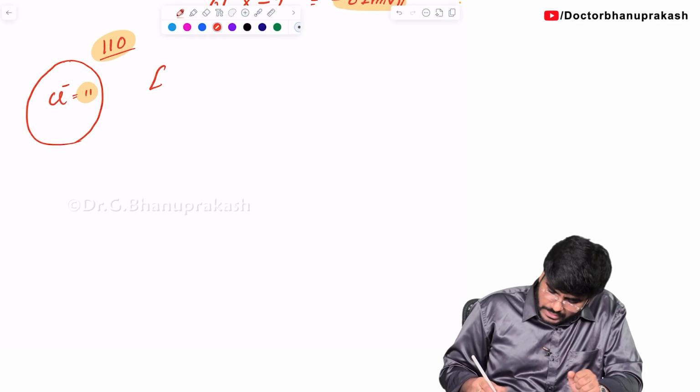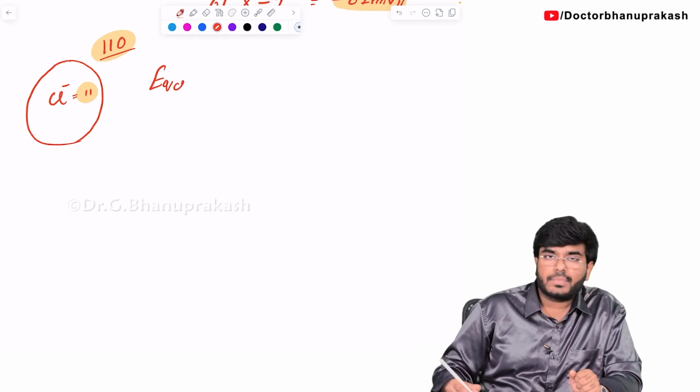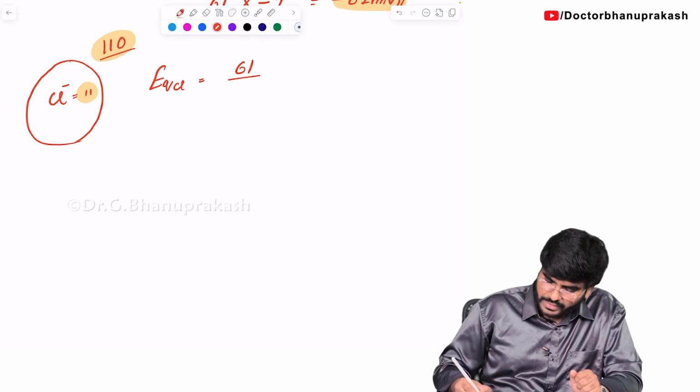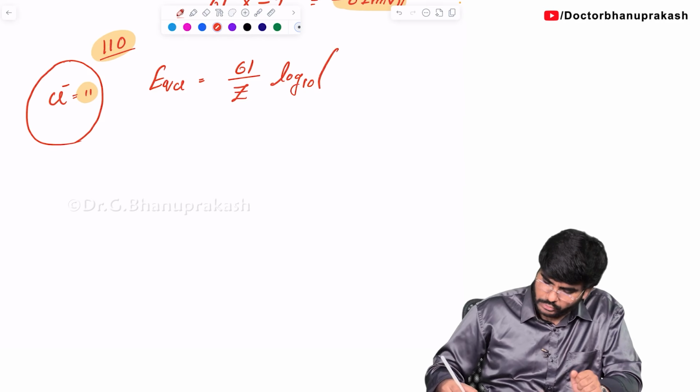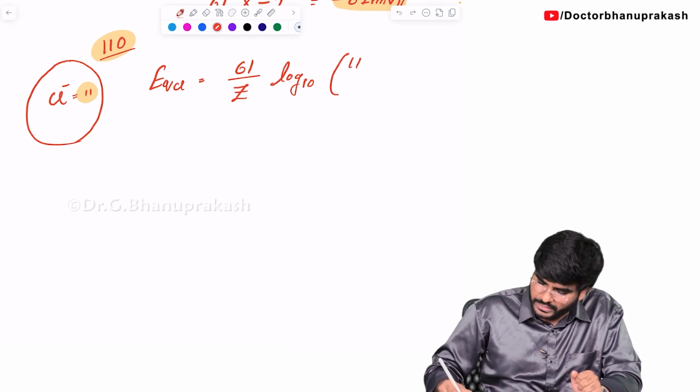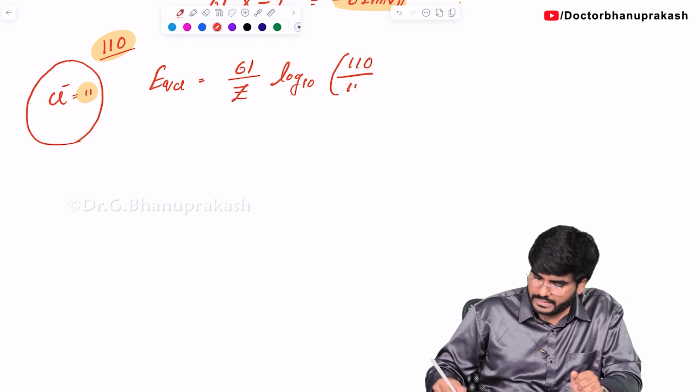So, the equilibrium potential of this chloride ion is equal to 61 divided by Z, log base 10 of the concentration of the ion outside the cell, that is 110, divided by inside the cell.